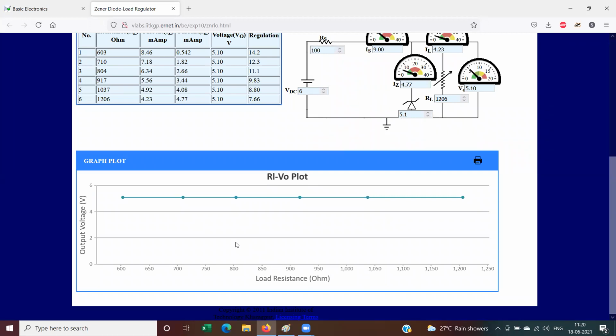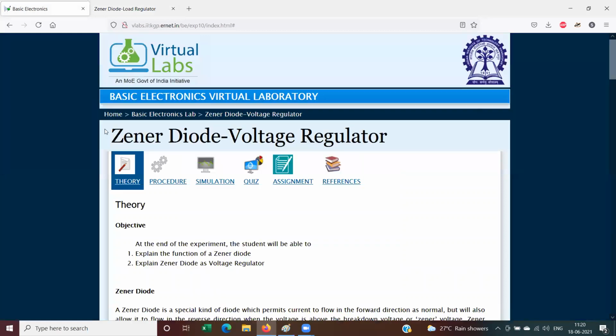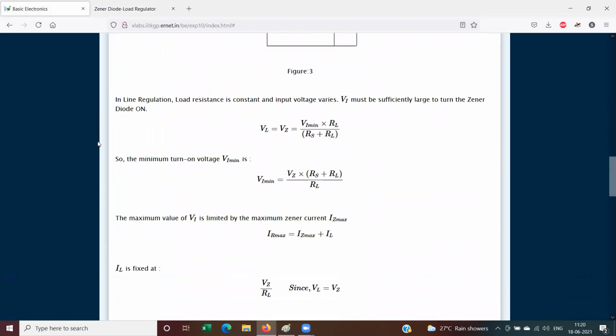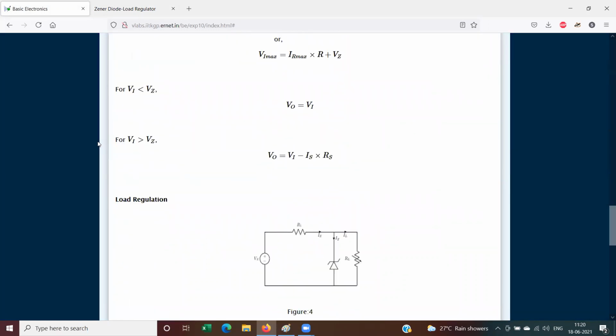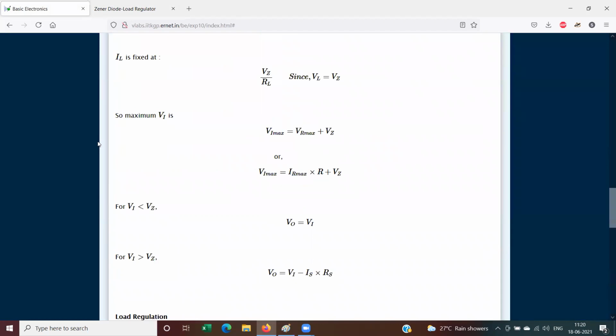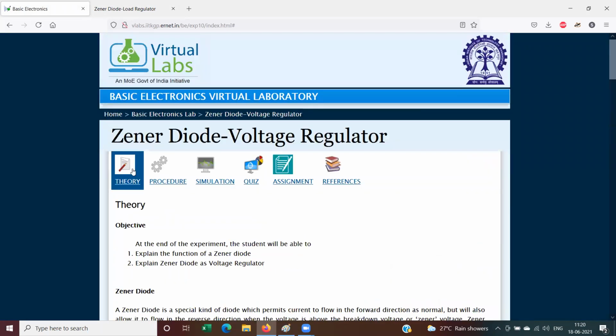So you have to write the 3 parts, okay? First the Zener characteristics, the bottommost, then this one, the topmost, and then the middle one. Once again, the theory is already given. Procedure, once again, no need to write.